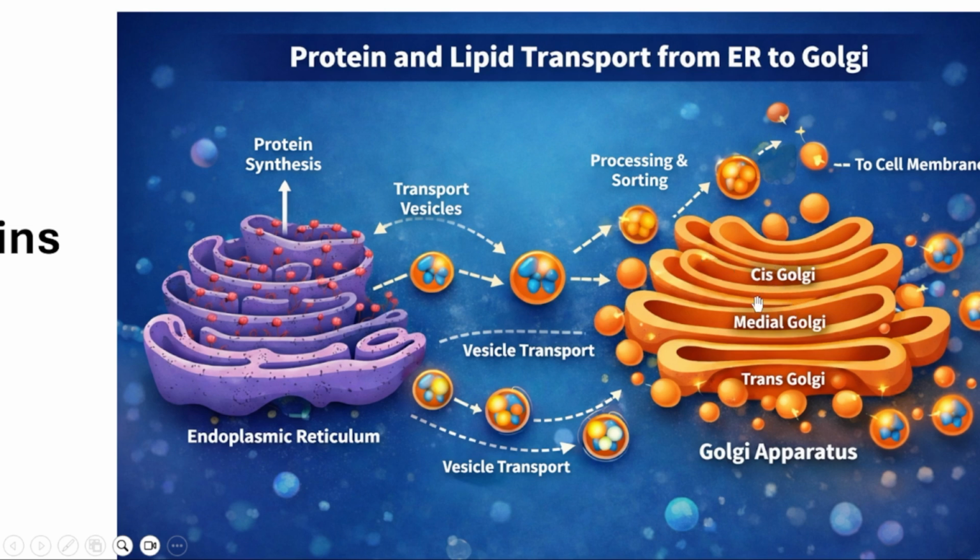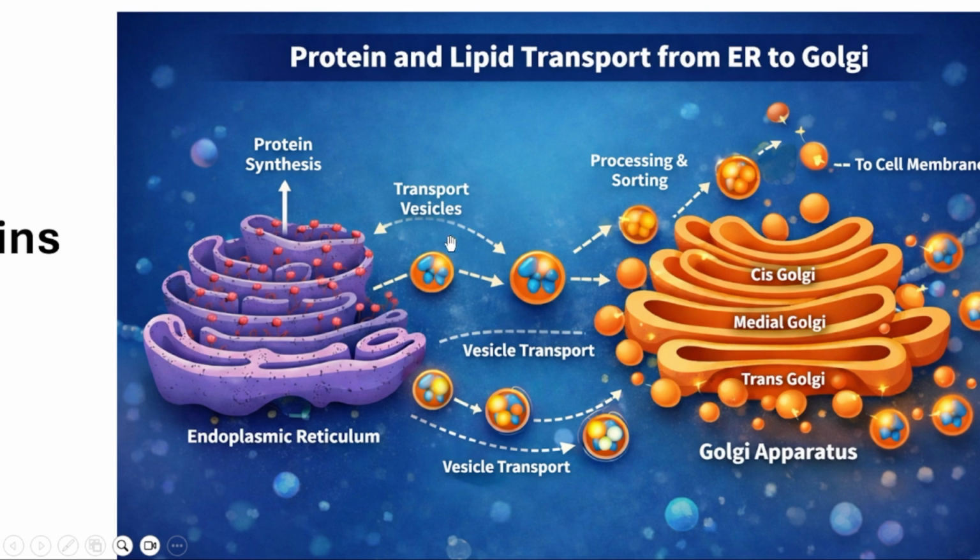Then from the cis Golgi, the modification happens, and they come out in the form of small vesicles. Then they are dispatched to other organelles like the cell membrane, nuclear membrane, wherever it is going to be, okay, like this.